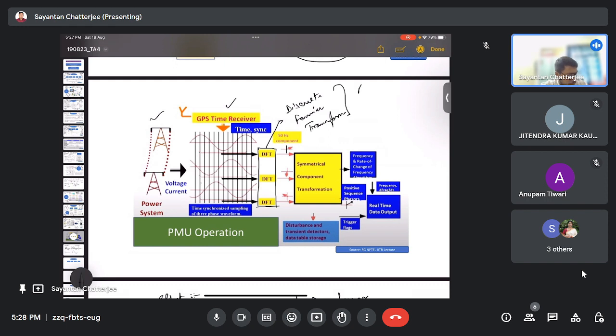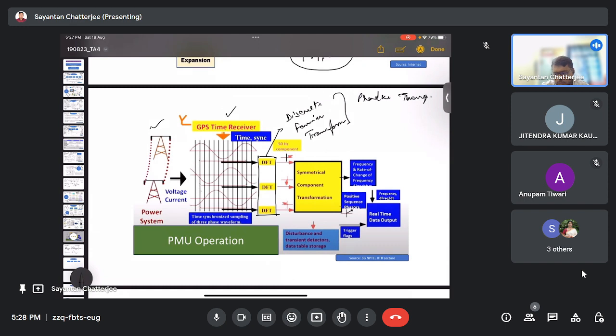It is given by Phadke and Thorp, but presently various kinds of transforms are being used. Some people have worked on the Hilbert-Huang transform, so you can go through these papers.